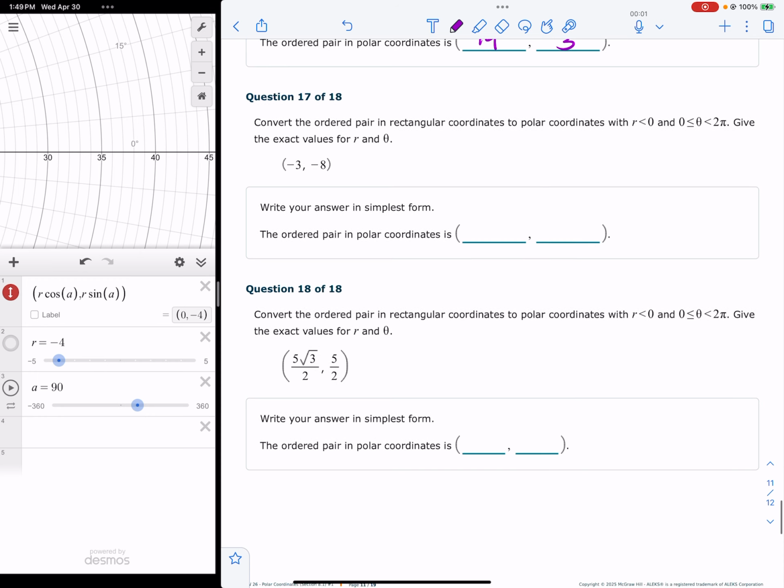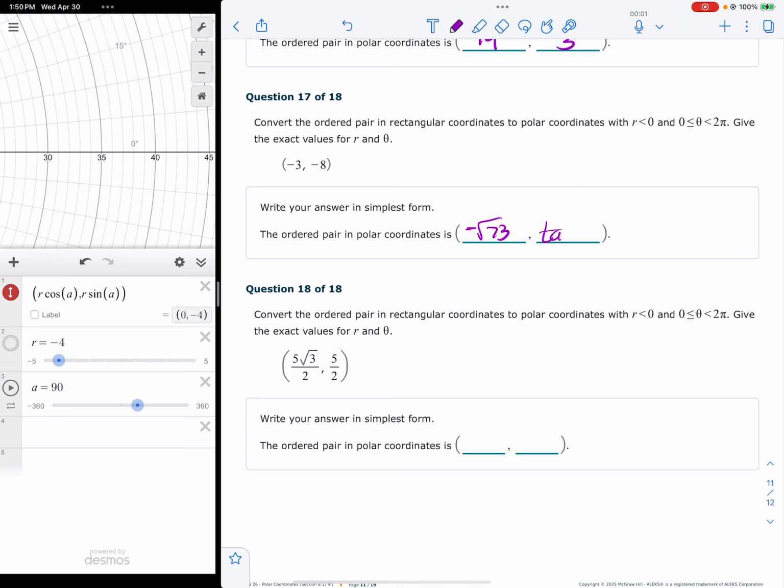17, you should get negative square root of 73. And when you do the inverse, it'll be a positive value because a negative divided by negative is positive. So you'll get an answer that's in quad 1. And it should be in quad 3. But because we're using a negative r, you would want the quad 1 angle.